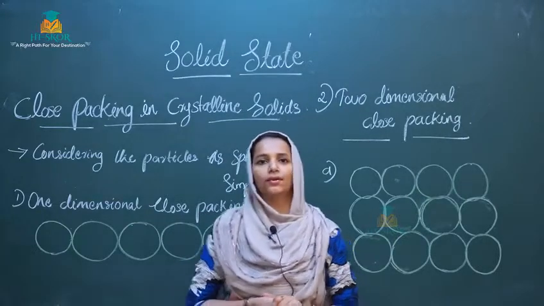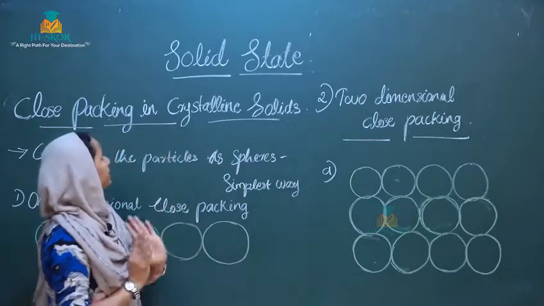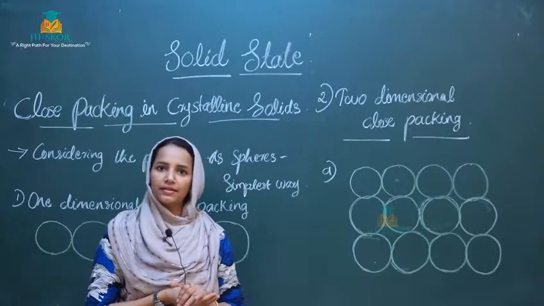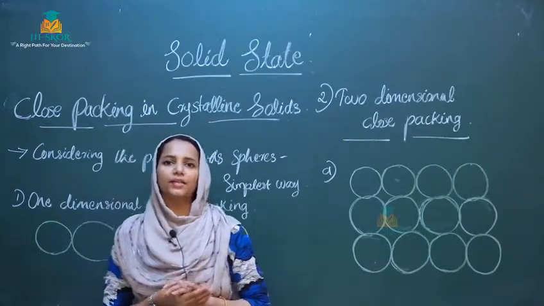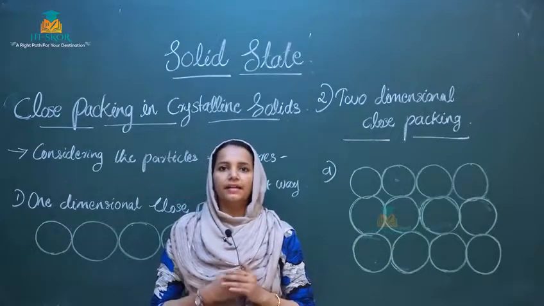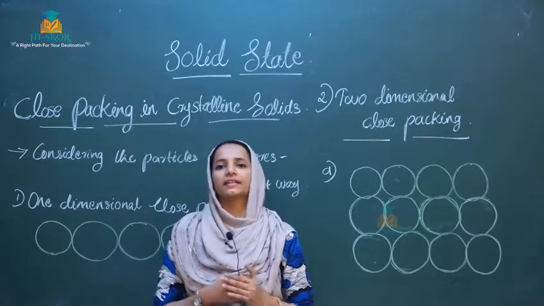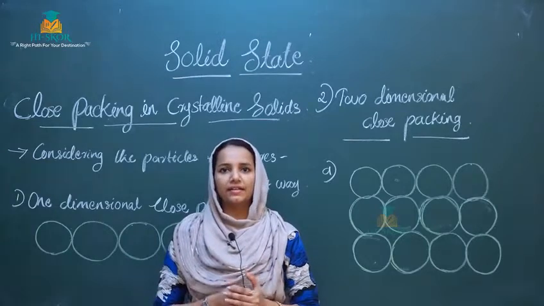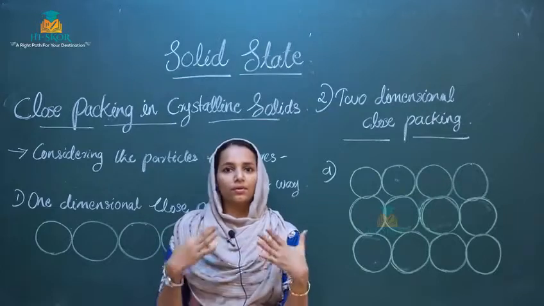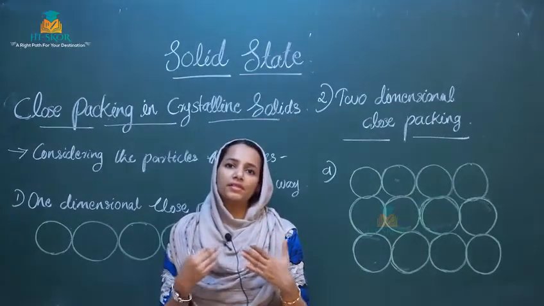Let's move to our topic. So we have different types of close packing in solids. Now we are discussing crystalline solids, right? In crystalline solids, while arranging the particles, we have to arrange them more closely. More closely means we will have more stability.